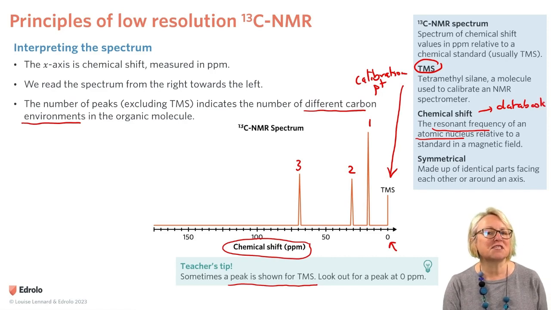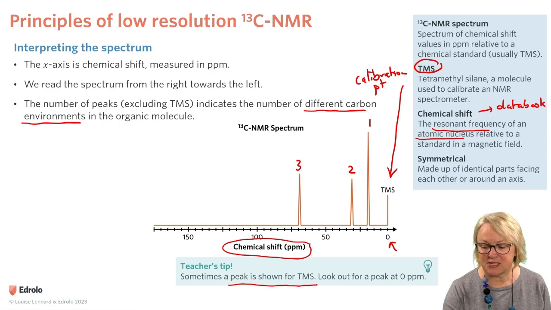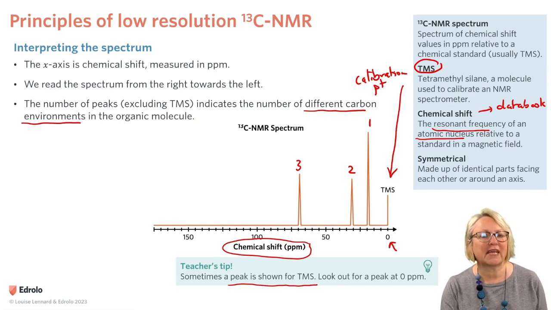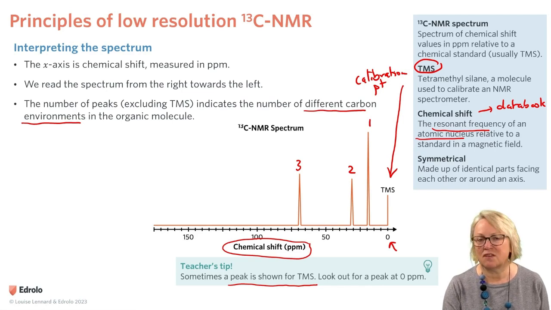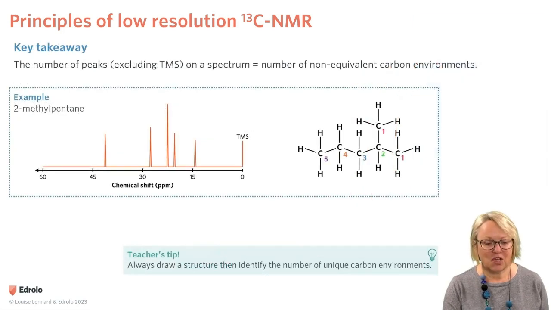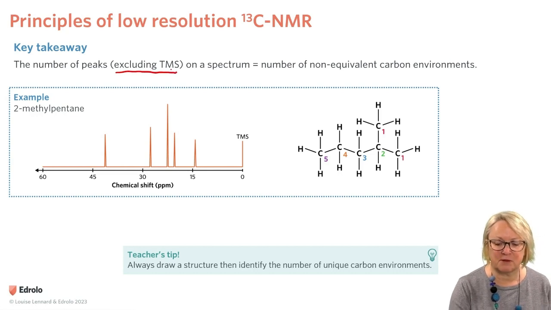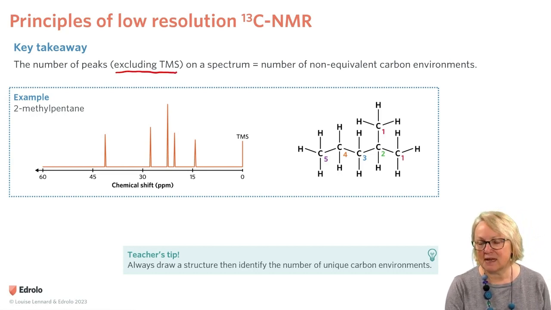Now, if we have some symmetry in the molecule, so identical parts facing each other around an axis, then that will affect the number of non-equivalent carbon environments that we have in the molecule. And again, we'll explain that more later in this lesson. Okay, so the key takeaway is the number of peaks, excluding TMS, which is our calibration point, equals the number of non-equivalent carbon environments.